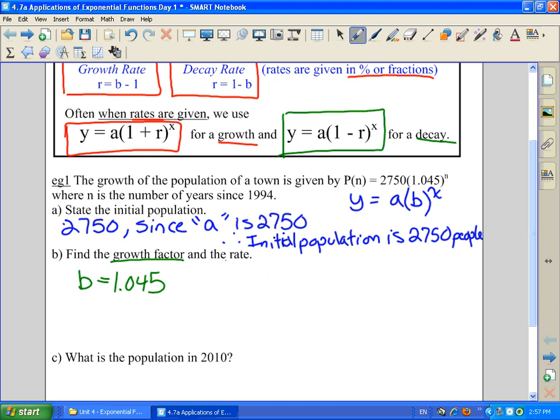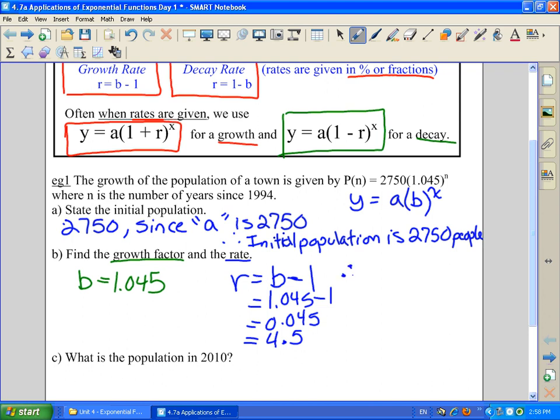How do we find the rate? Well, the rate equals the base subtract 1. So if you take 1.045 and you subtract 1, that's going to equal 0.045. And quite often we change that to a percent. That's where we most often see it in society, given to us as a percent.